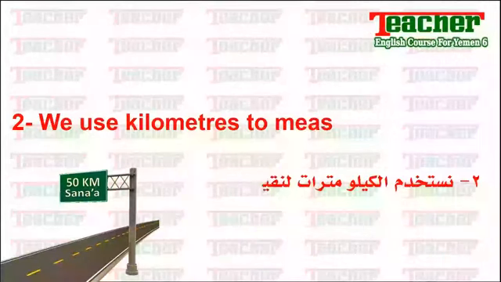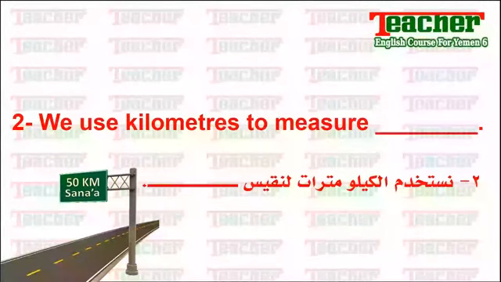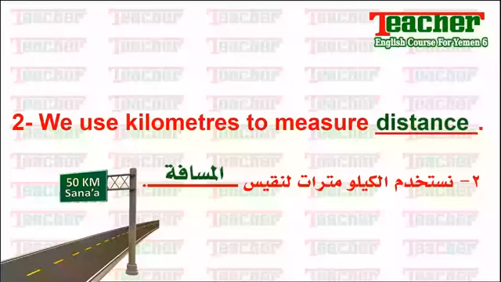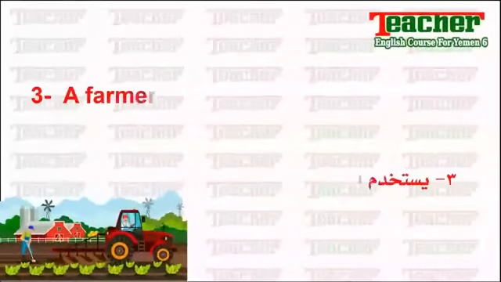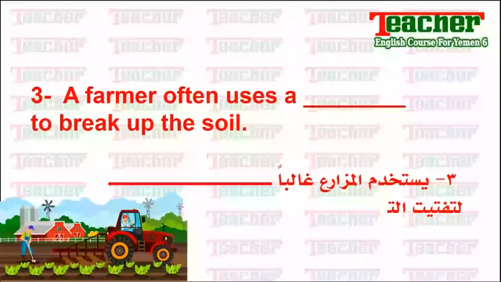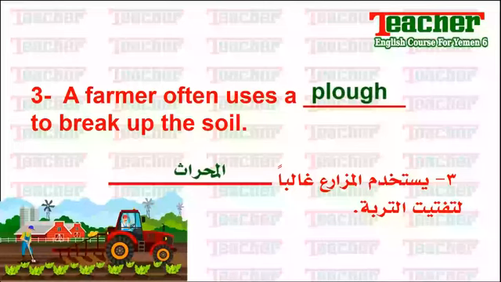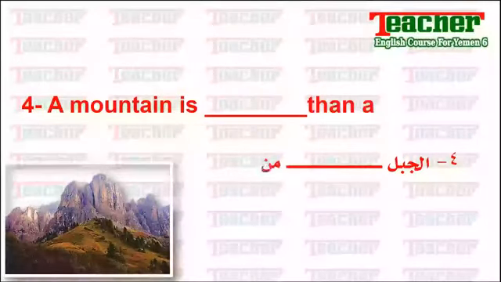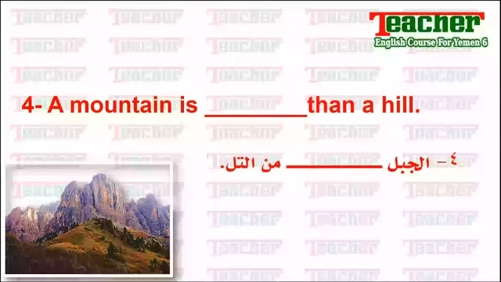We use kilometers to measure distance. 3. A farmer often uses a plow to break up the soil. 4. A mountain is higher than a hill.